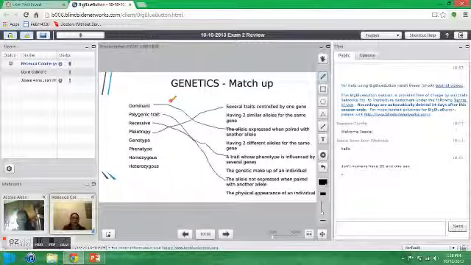So you have a single trait that has many genes controlling it. Pleiotropy, plio kind of sounds like pliable, like flexible. So that one gene is really flexible in all the traits that it controls.